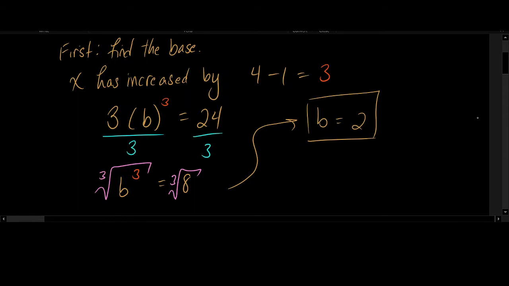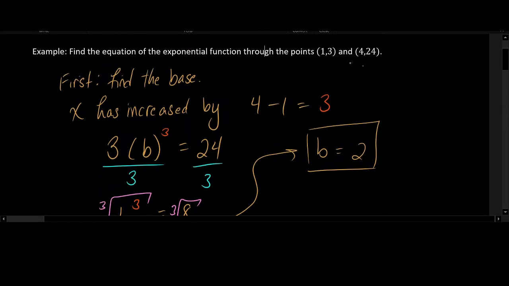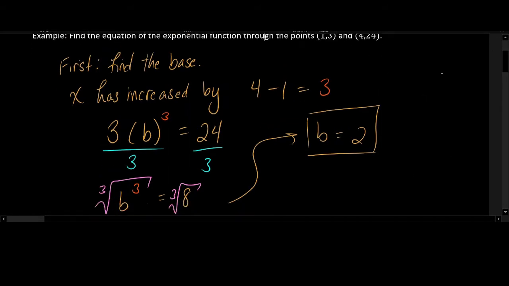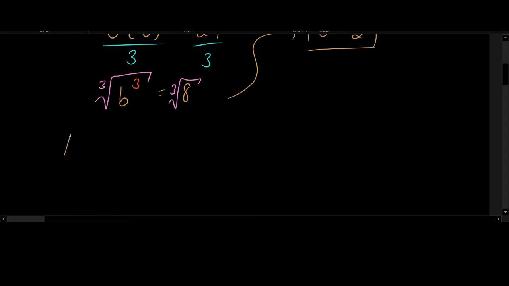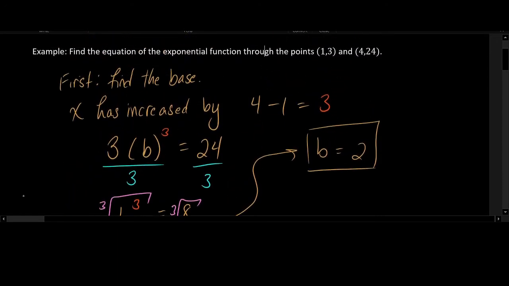Okay, so now our next task is to find the value of a. Next, find a. Now, in this problem, since the value of a, since the y-intercept is not explicitly given to us, we're going to need to do some calculations to find a.